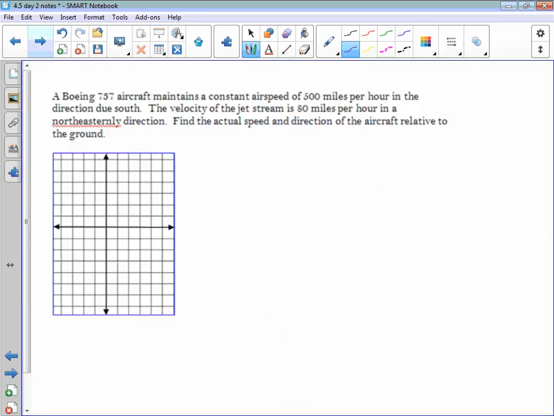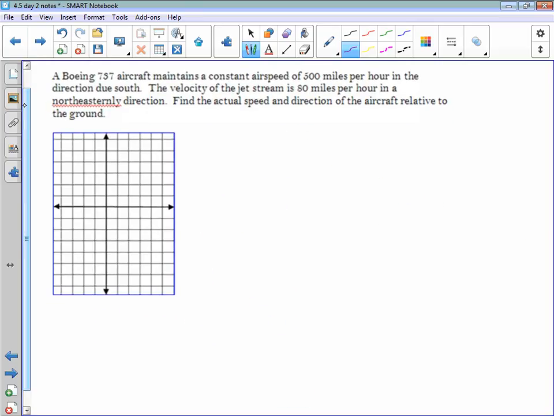Let's turn the page. We're going to do a plane word problem now. All right, guys, so we have a plane that is flying 500 miles an hour due south, and then the jet stream, which is the wind, is 80 miles an hour in a northeasterly direction.